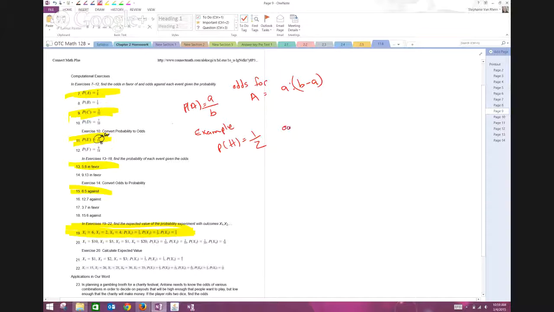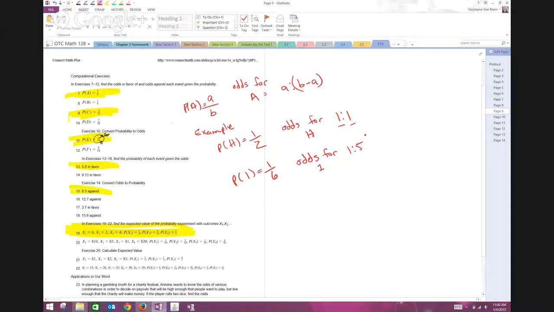If I say what's the odds for a head, it's going to be 1 to 1. There's one head and there's one that's not a head, which turns out being tails. Another example is the probability of rolling a die and getting a 1 is 1/6. The odds for getting a 1 on a die would be 1 to 5.